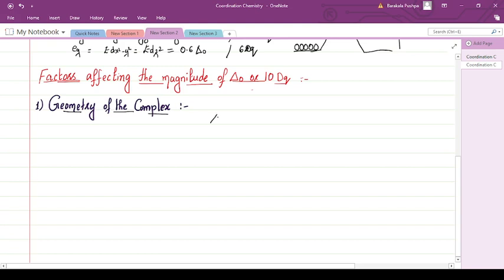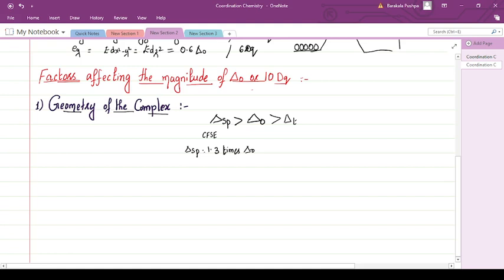That is why delta SP is greater than delta O is greater than delta T, where delta SP is the CFSE of square planar complexes, delta O is the CFSE of octahedral complexes, and delta T is the CFSE of tetrahedral complexes. We know that delta SP is about 1.3 times delta O.